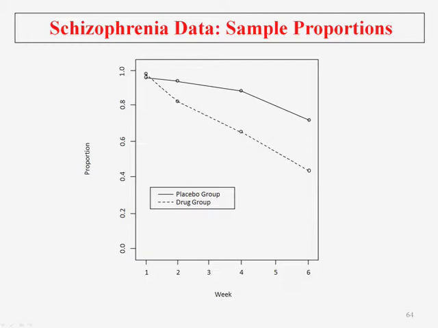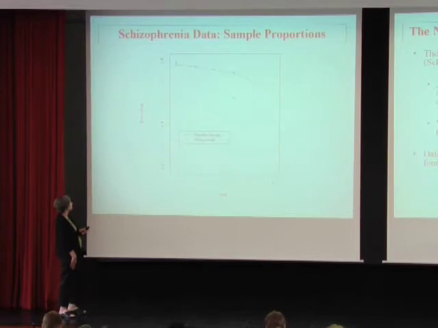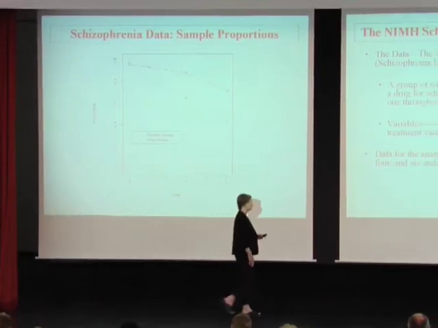And for the placebo group, we see that over the 6 weeks, there is a decrease, also for the drug group. And we're interested in estimating this model and seeing the regression of the growth factors on the drug, the treatment group. So we'll keep that over there for now to refer back to.